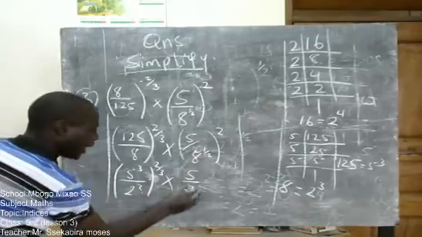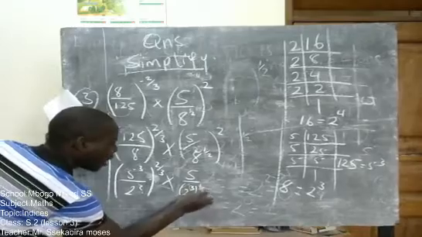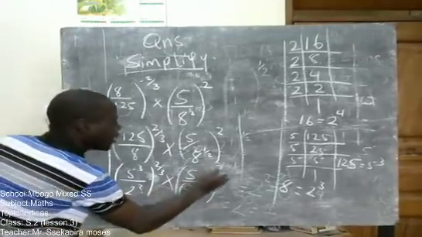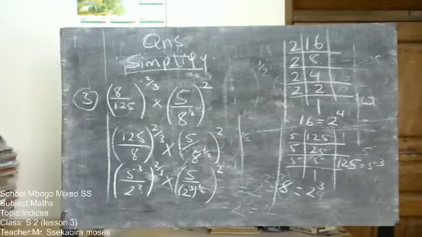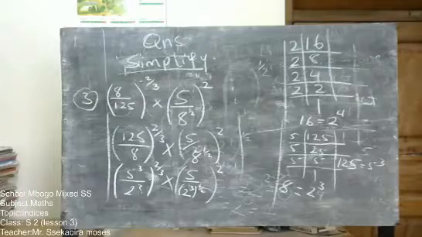But remember here it is 8 to power a half. You are going to put here a half. But remember to power 2. When we are dealing with the indices, we are applying the rules.